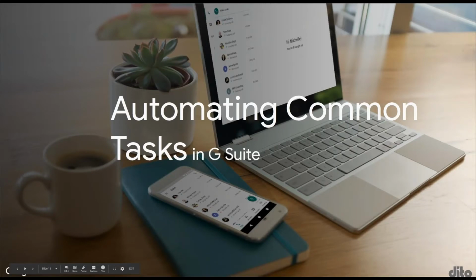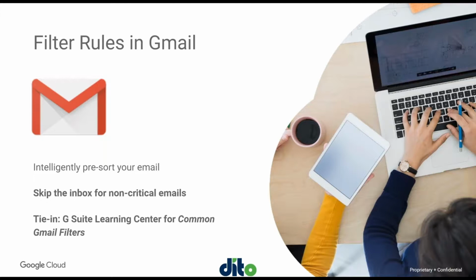So just going to go ahead and jump into it then. The first level of automation, which I find is the one that the most people are already aware of, is filter rules in Gmail. Many people are aware of filter rules.